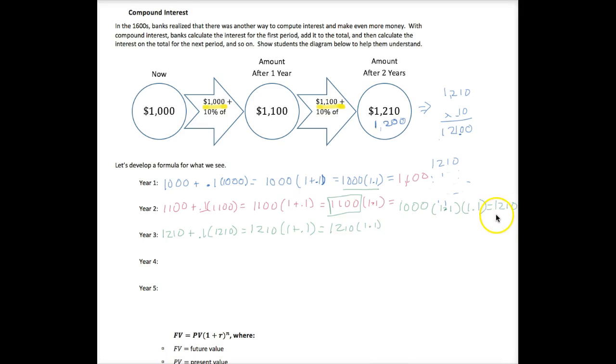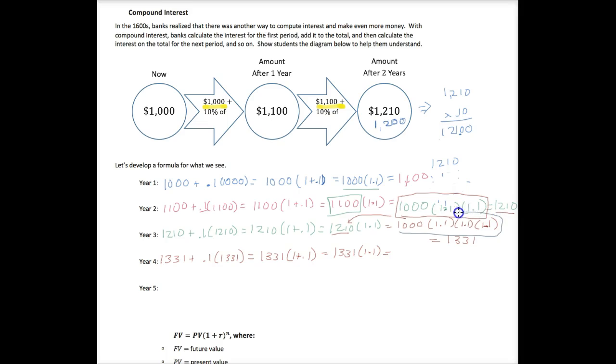All right, so now we go back in with 1,210. And this guy here is what generated 1,210, so I'm going to take it and plug it in here. At this point, I'm hoping you're going to be able to see that I'm going to put this 1,000 times 1.1, 1, 2, 3 times in for this 1,331, plus I have one more.